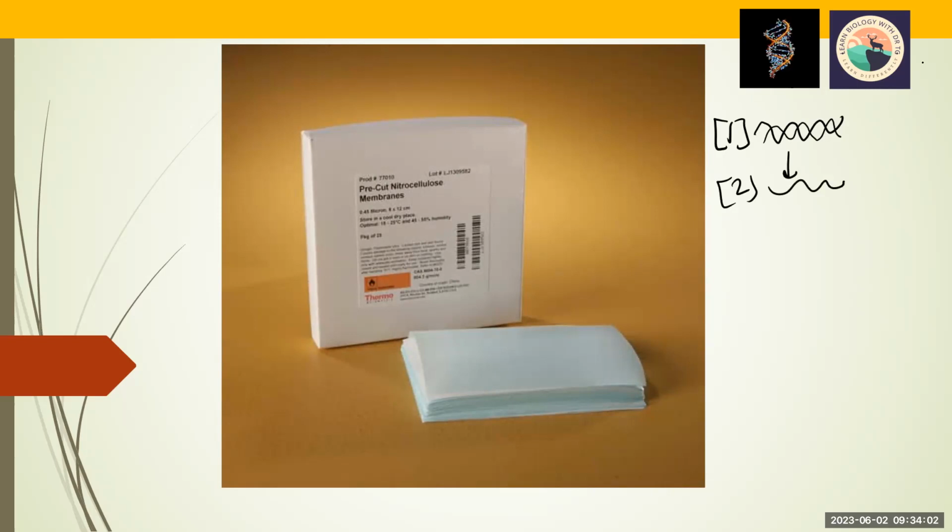For that, we're going to use an alkaline medium. If we place the gel in an alkaline medium, these two strands are separated, meaning the hydrogen bonds break down, and in alkaline medium they try to stay as single strands.